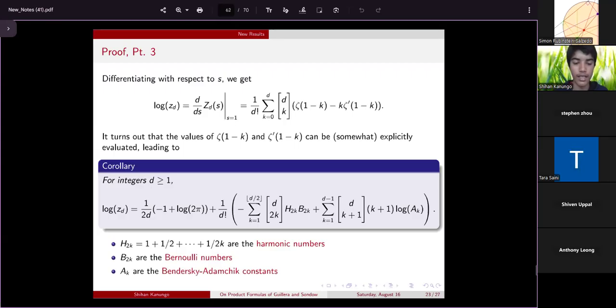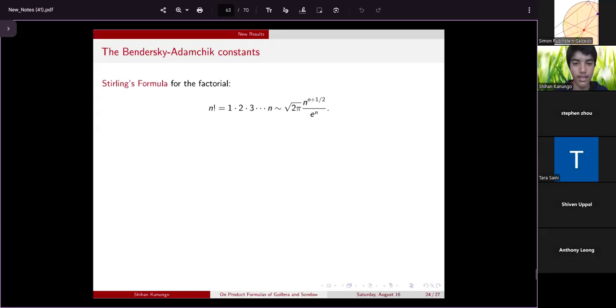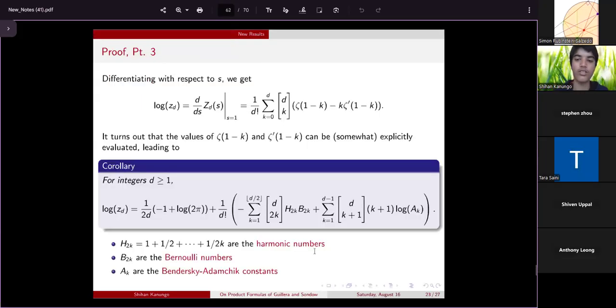And finally, the Ak. These are the Bendersky-Adamczyk constants. These are much harder to deal with than the other two. And so these actually generalize the constant A, the Glaisher-Kinkelin constant that was in the very beginning.